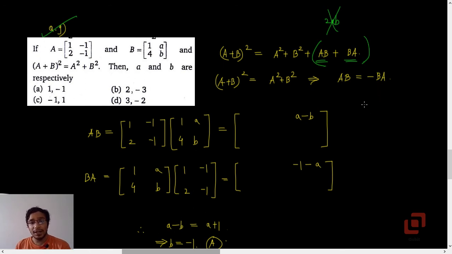Okay, so again what I have done is I have not actually computed AB and BA completely. I have computed them partially. Because we are not interested in those entries of AB and BA which do not contain A and B, right?